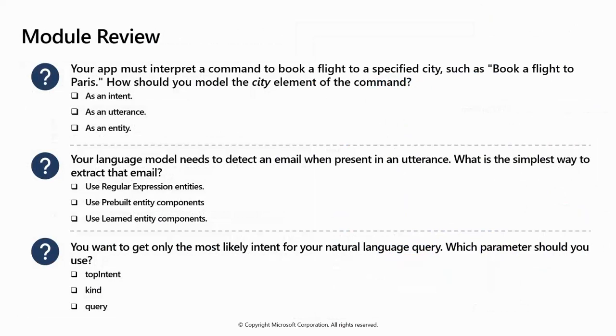I'll give you a couple of seconds, guys. Okay, let's see. As an entity. Remember, the city is an entity to which the intent, in this case booking a flight, should be applied.